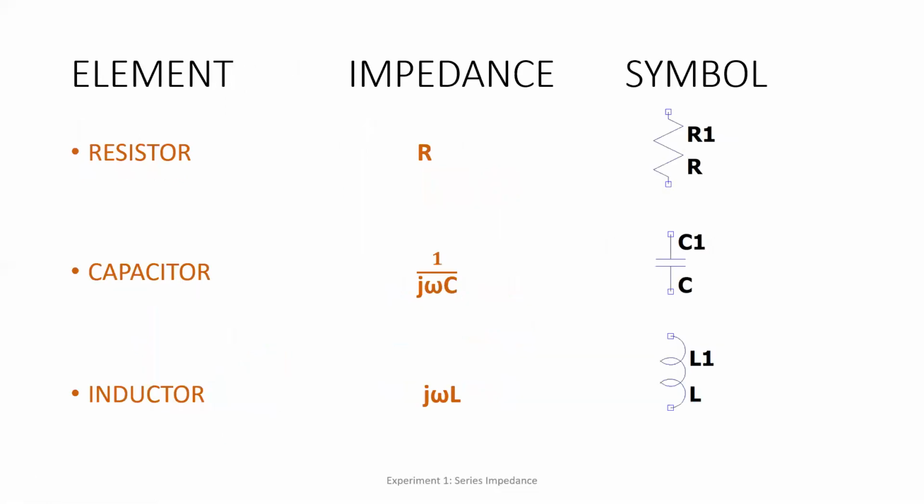Here are the elements that we're going to use. We have resistor, capacitor, and inductor. For the impedance of a resistor, we have R. We don't have any imaginary component, so Z is just equal to R. For a capacitor, we have 1 over j omega C. And for an inductor, we have j omega L. You already know the symbols for resistor, capacitor, and inductor.